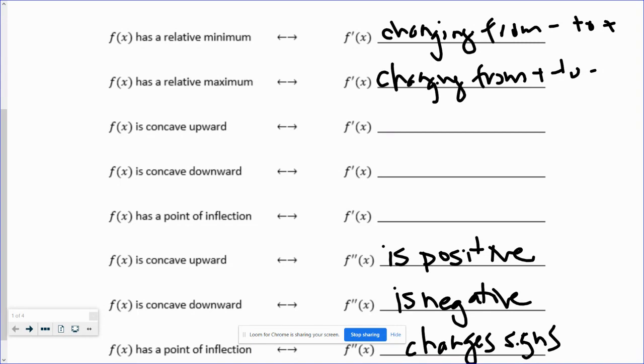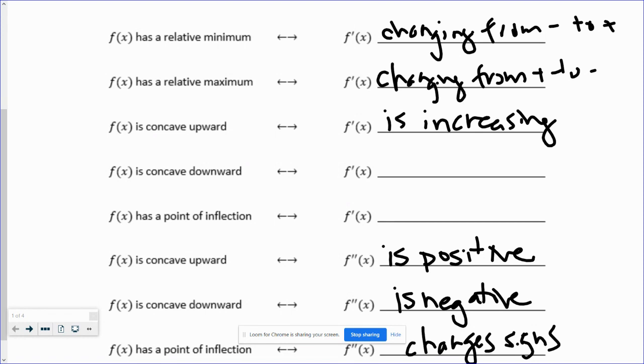Now, let's go back up to those ones we didn't fill out yet. So if f is concave upward, we already said that means the second derivative is positive. Now, here's what you want to think about. The relationship between the first derivative and the second derivative is the same as the relationship between f and f prime. So if the second derivative is positive, that means the first derivative is increasing.